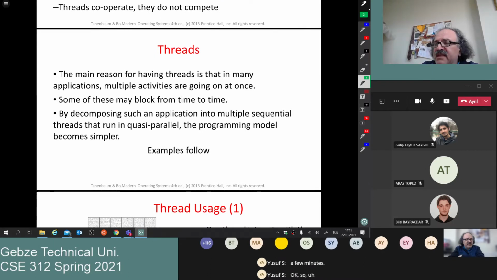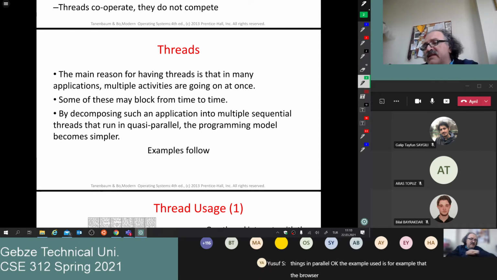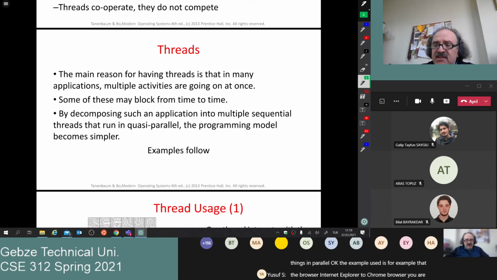The idea of threads is this: if you are writing a program, nowadays especially, you like to do things in parallel. An example usage is a browser, Internet Explorer or Chrome. You are showing many pages at the same time, and they have to run in parallel.